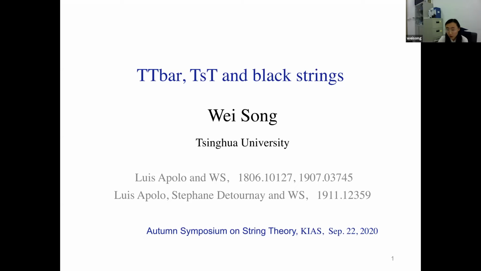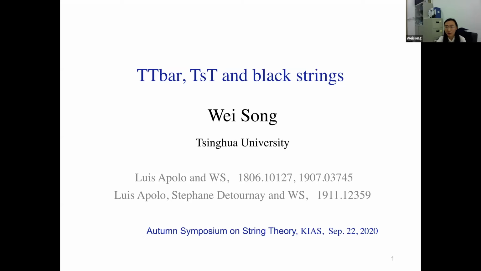So over the past 20 years, we've learned a lot from the holographic duality between gravity in asymptotically AdS space and the conformal field theory living on the boundary.